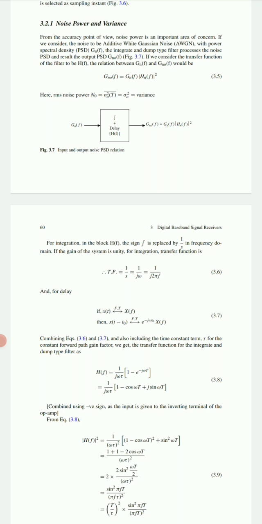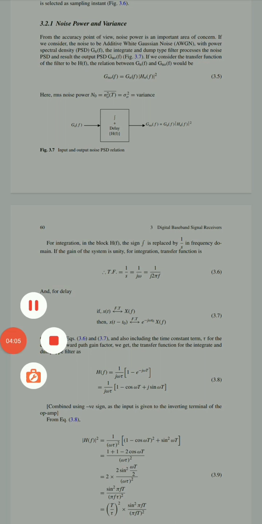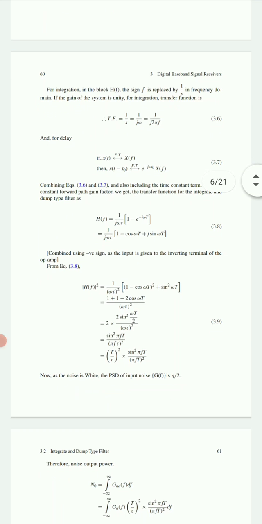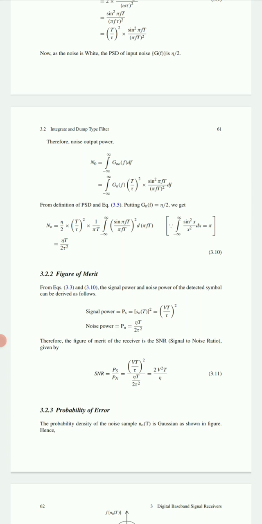If we combine the above equations 3.6 and 3.7, you will get the time constant term, which we are taking as a time delay, tau. If we take tau for the constant forward path gain factor, the transfer function for the integrate and dump type filter is H of f equal to 1 upon j omega tau into 1 minus e to the power minus j omega T. When we calculate the output noise power N0, it is the integration from minus infinity to infinity of GNO of f df.